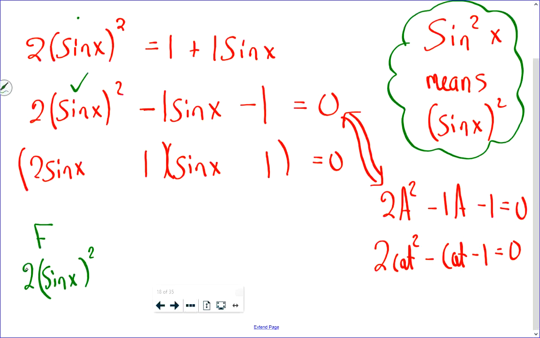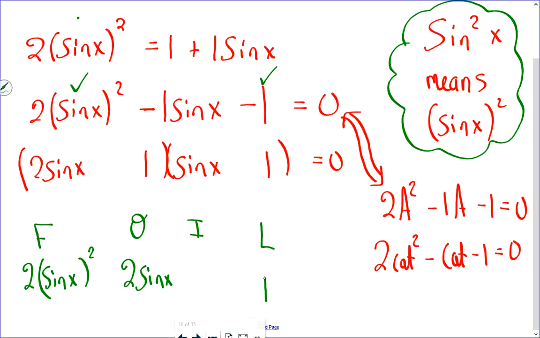Personally, I don't feel the need to check that, because that's why we put those two things there, so that we would get 2 sine of x quantity squared. If I multiply out the last, I get 1 times 1, which is 1, which is what I want. I know it's negative, but we'll worry about the negative when we need to. When I multiply out my outer, I get 2 sine of x times 1.